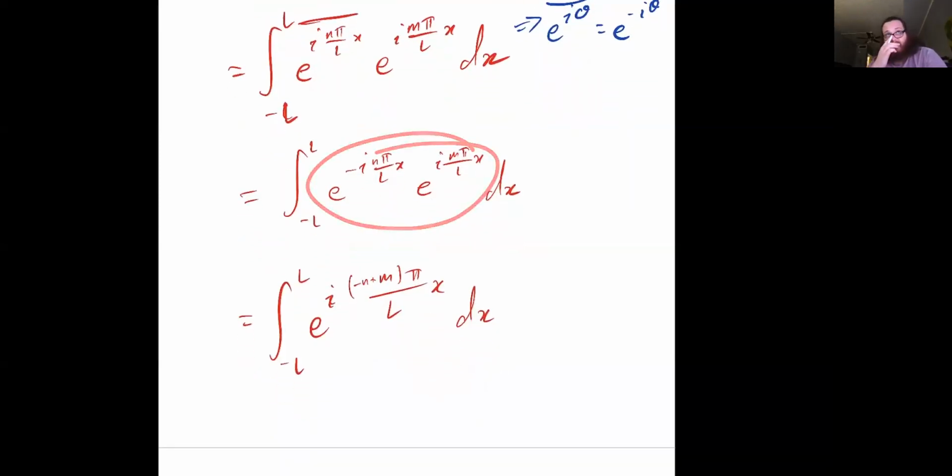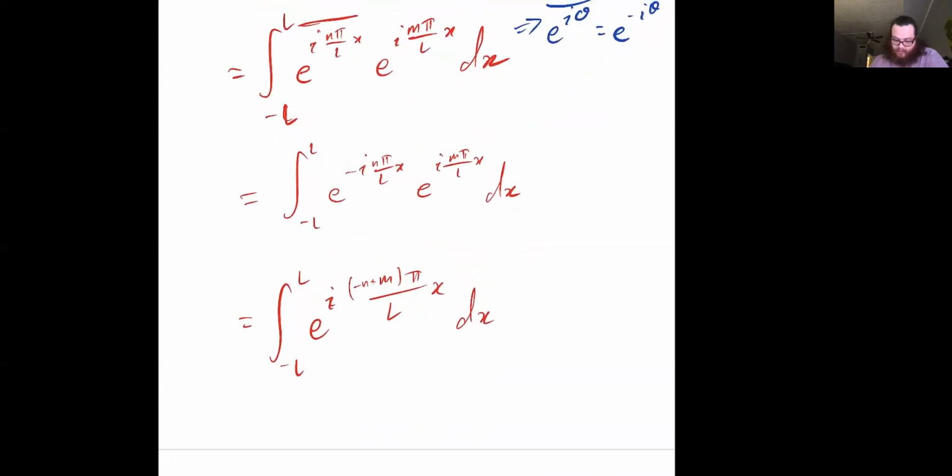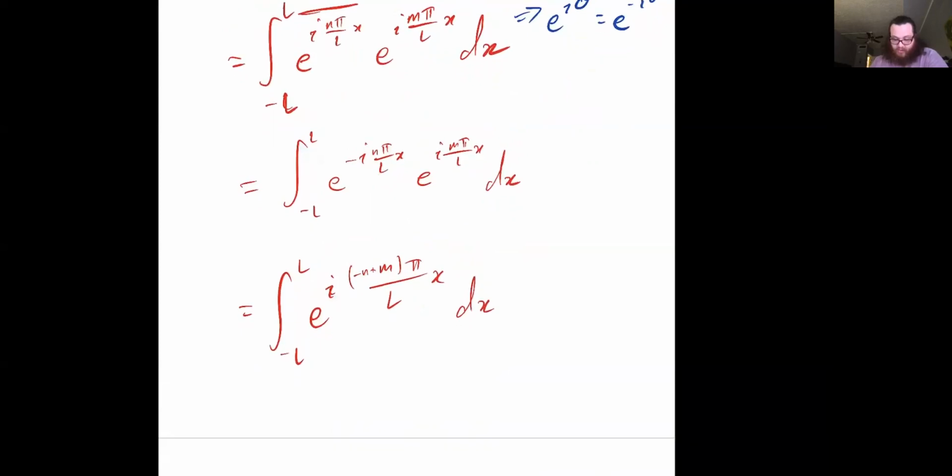Multiply two complex exponentials together, you're going to get just the sum of their arguments. And so here what we've done is pulled out this common i, pulled out the common pi over L x, and just combined minus n plus m.